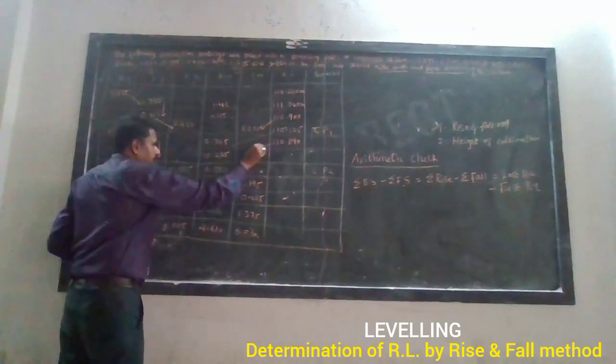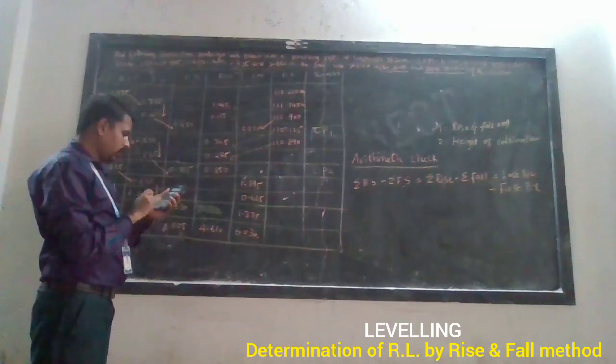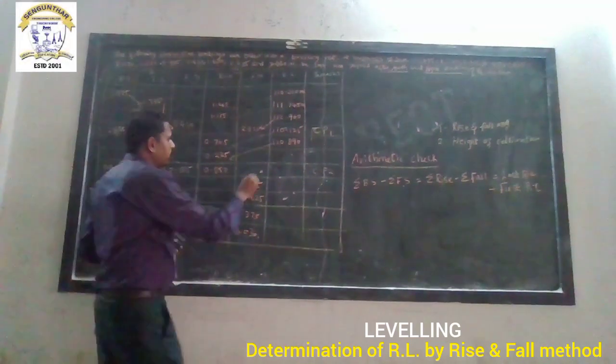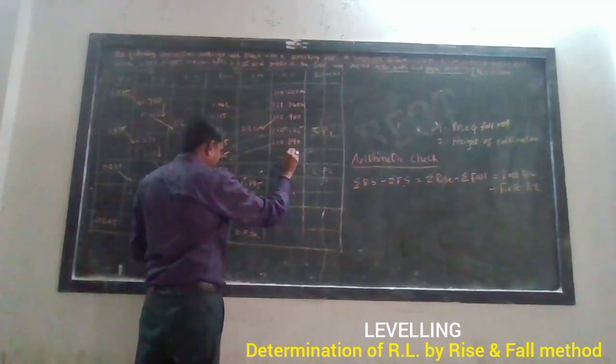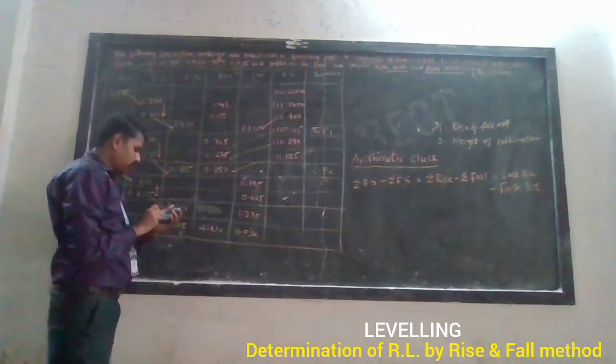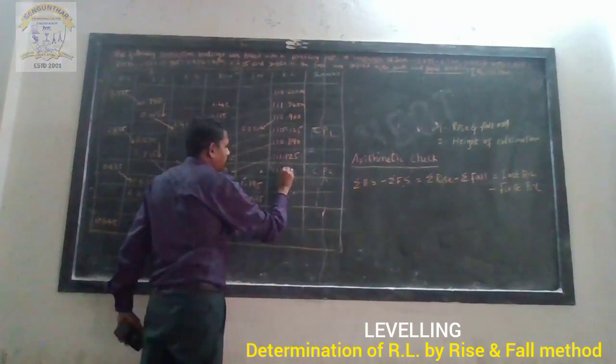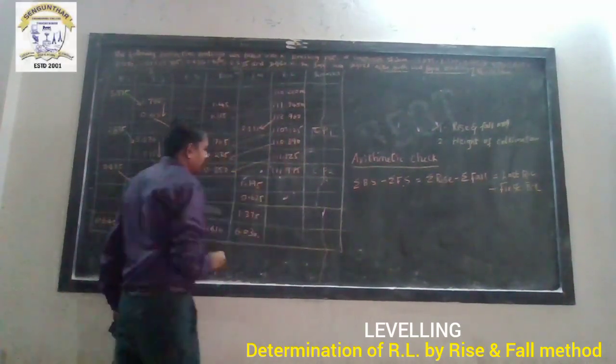See the next value. The next value is also in the rise. So just adding 0.235. This is equal to 111.125. See the next value also in rise. So just adding 0.850. So 111.975.